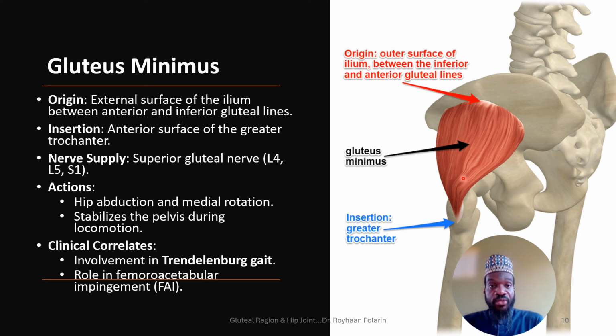In cases of femoroacetabular impingement, the gluteus minimus involvement can result in referred pain and loss of the motion of the hip joint. And we've mentioned the Trendelenburg gait.